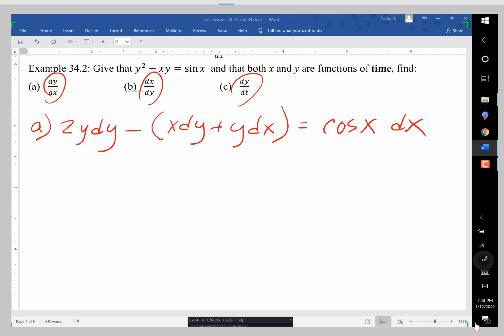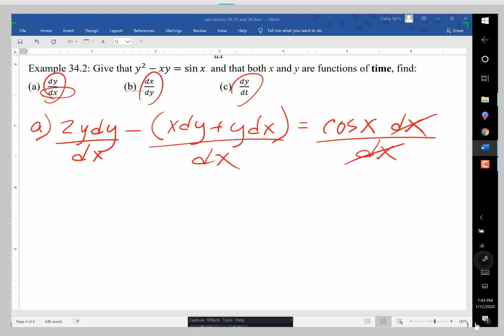All right, so now we have all this stuff, and since in part A we're finding the derivative with respect to x, we're going to go through and divide everything by dx. So divide by dx, divide that whole thing by dx, and divide this by dx. So that's going to cancel.